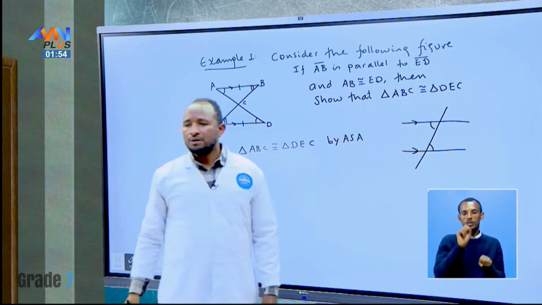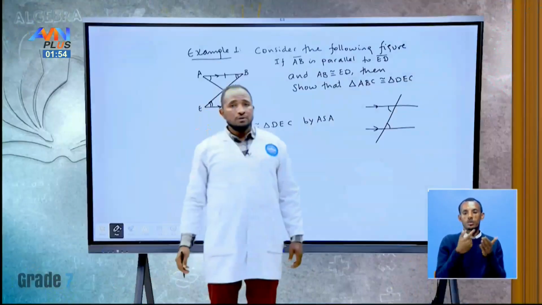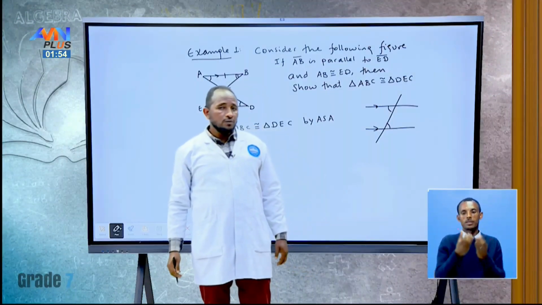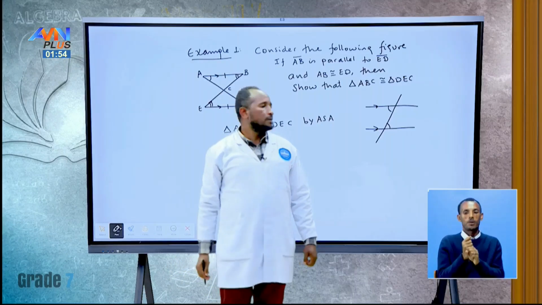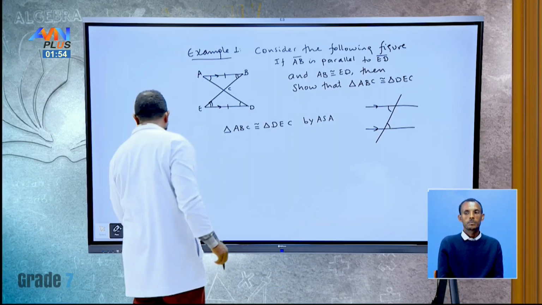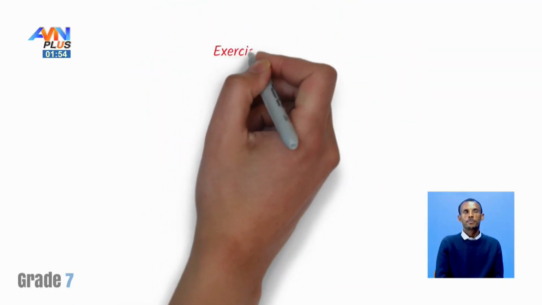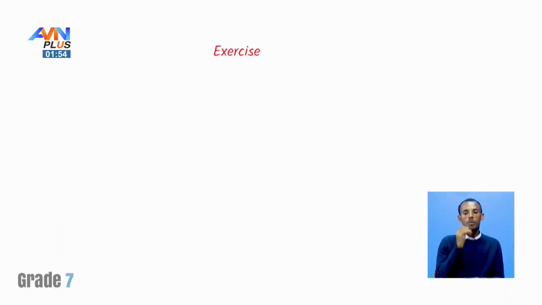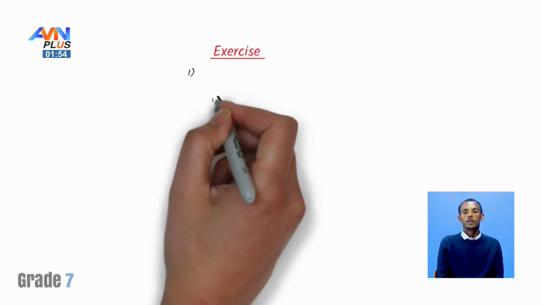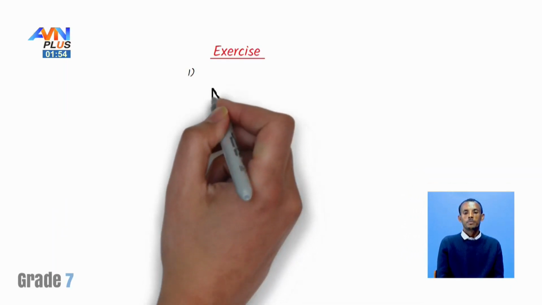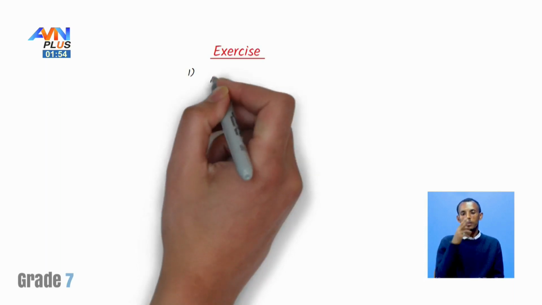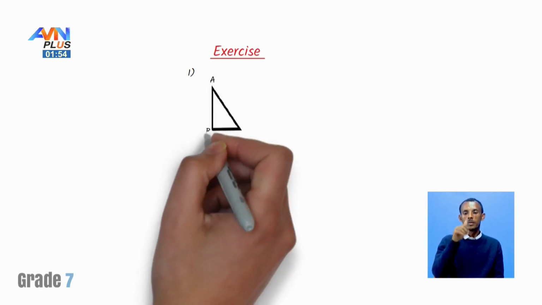So that's it. So this is all about today's lesson. I'll give you questions for you to try at home. Exercise 1. Take this triangle ABC.